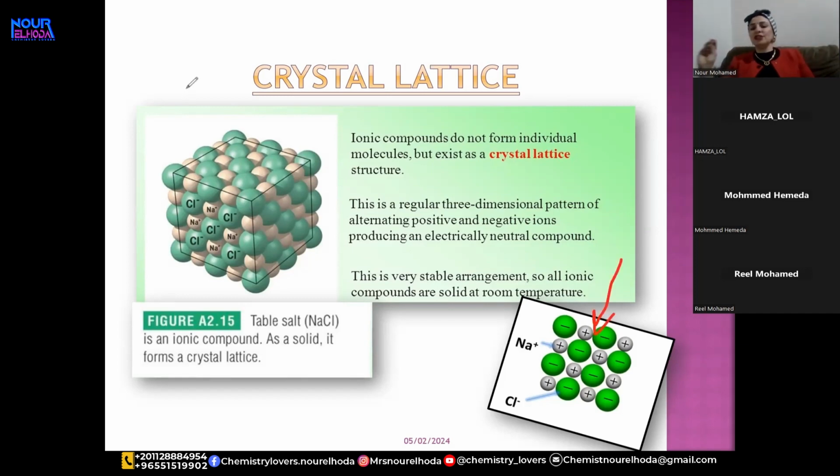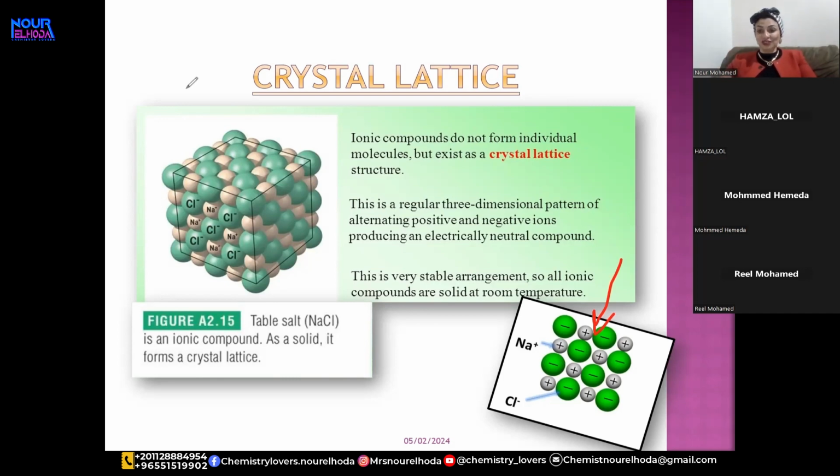So when I ask you to describe the structure of an ionic bond, I'm going to say it's a regular arrangement of positive and negative ions, and they are alternating: one positive, one negative, one positive, one negative. It's arranged in 3 dimensions, as you see here.